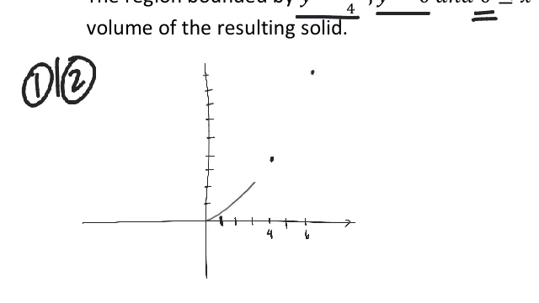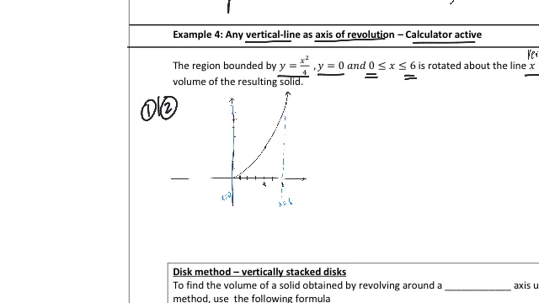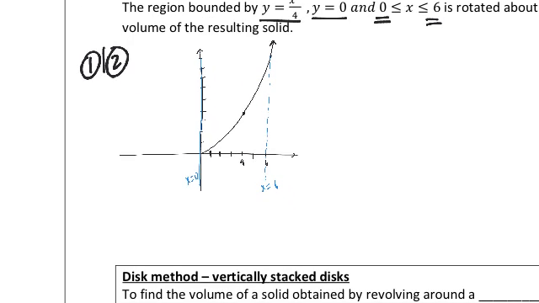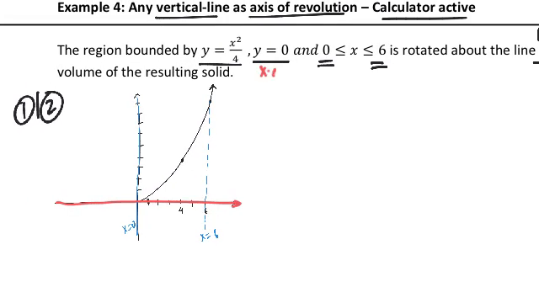Then we've got a parabola going like this, from x equals 0 all the way until x equals 6. Those were the vertical boundaries. And then what else did we have? y equals 0. Interesting, we are actually between the graph and the x-axis. So the region is right here.